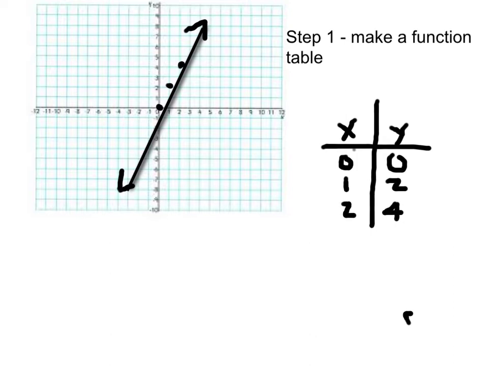What we do is we think of how we can get the y value from each of the x values. In other words, how we can get 0 to 0 here, or how we get from 1 to 2, or even from 2 to 4. To get from 1 to 2, we could have added 1.